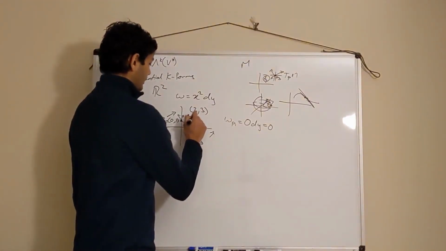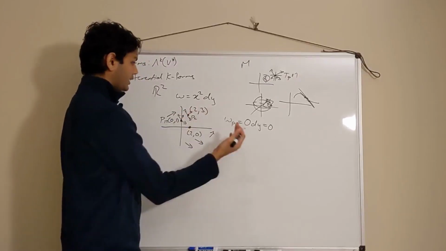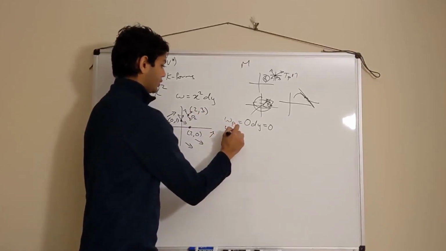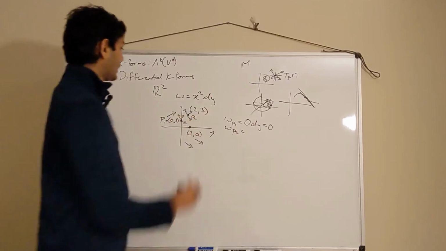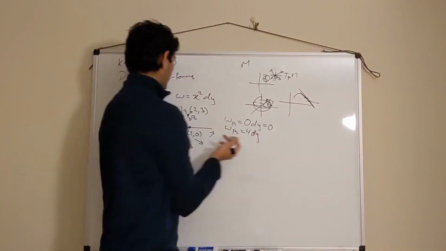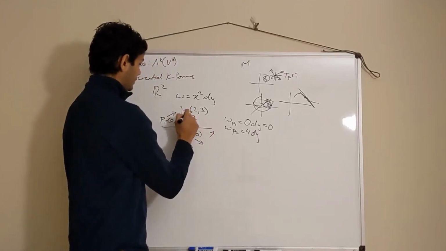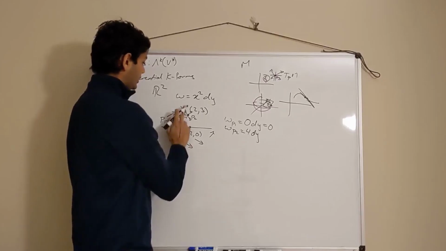Now let's consider this point P2. And here again, our input is any vector at P2, and it's going to output a real number. So what is omega of P2? Well, now we're going to plug in 2 for x because we're at the point (2, 3), and this is going to give us 4 dy. And so, for example, if this vector is <-1, 2>, then it has 2 in the vertical component.